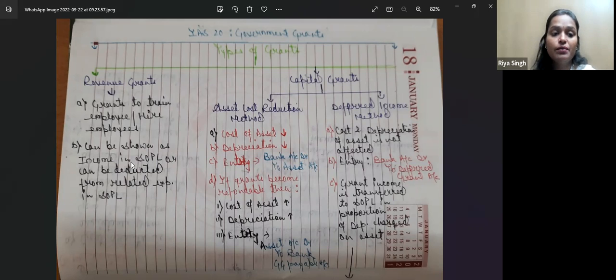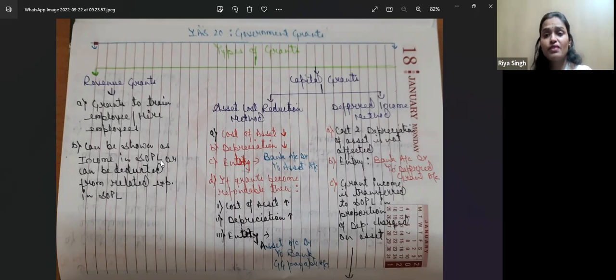It means you can show it as an income directly in the statement of profit and loss account, or from the expense for which you have received this grant, you can deduct it in the statement of profit and loss account as well. There are two options, but the government revenue grant every time will go to the statement of profit and loss account only.